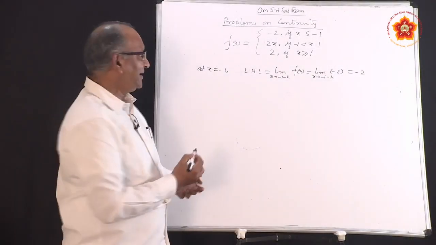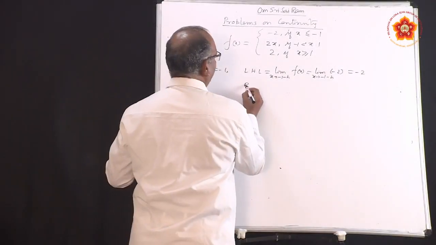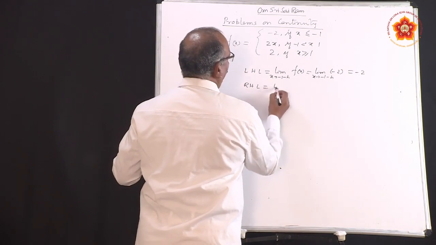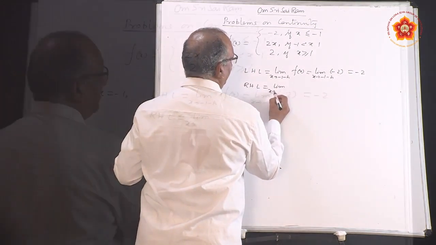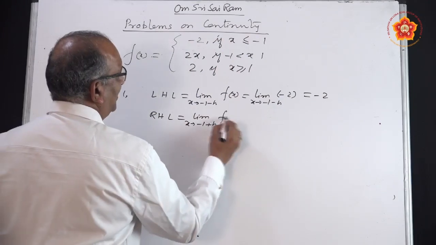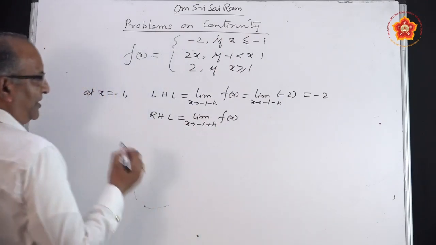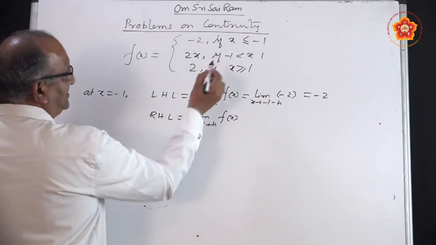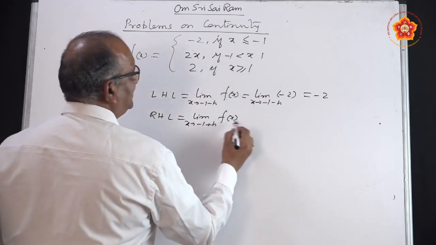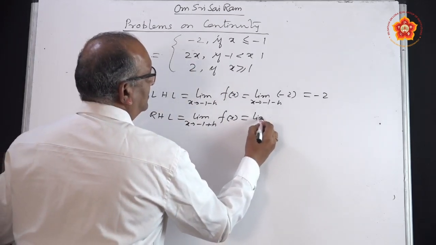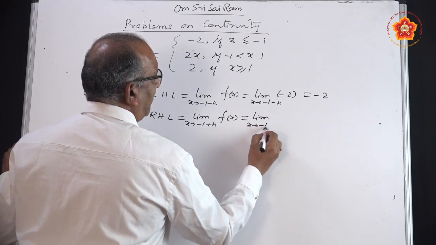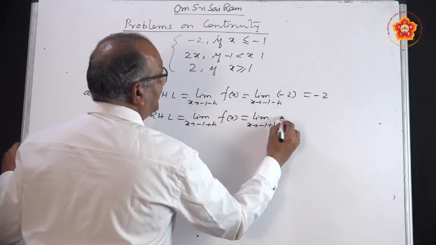Let us move to the right hand limit at the same point. Limit x tending to -1 plus h of f(x). If x is greater than -1, the function changes, and the function is 2x.